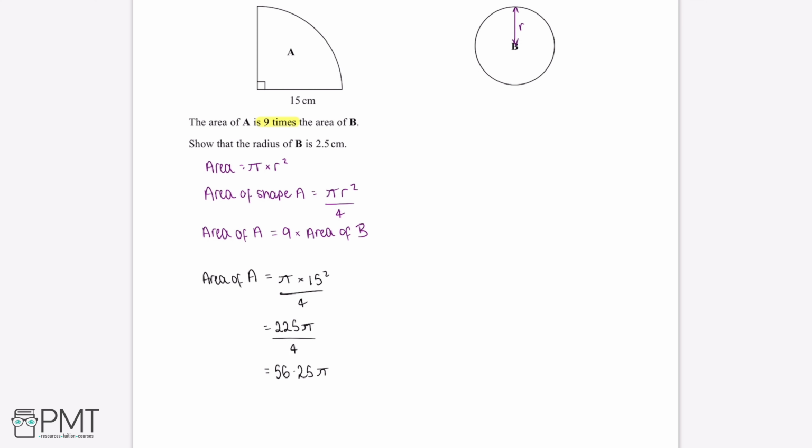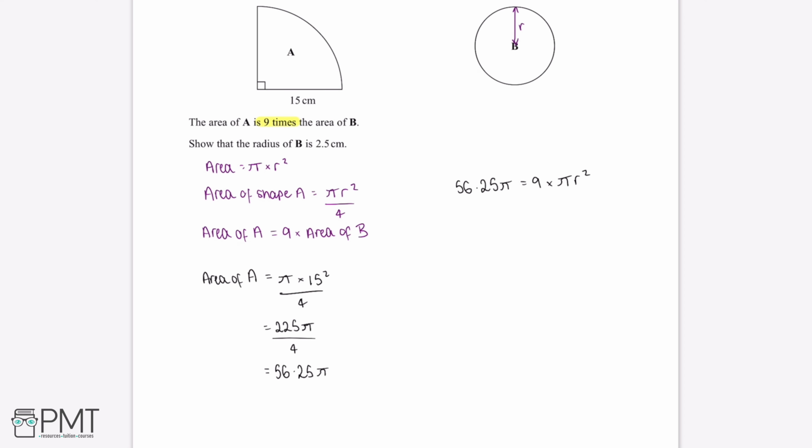Now next, we wrote down that the area of A is equal to 9 times the area of B. Now because we don't have the radius for B, we can leave the area in terms of R. So if area A is equal to 9 times the area of B, and we've worked out the area of A as 56.25 multiplied by pi, then this means that 56.25 pi is equal to 9 multiplied by pi r squared.